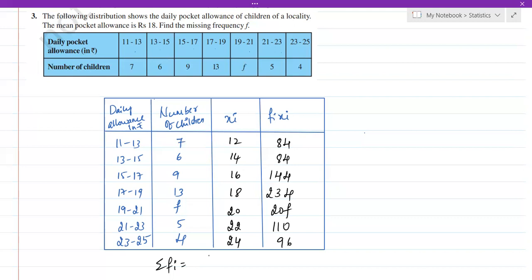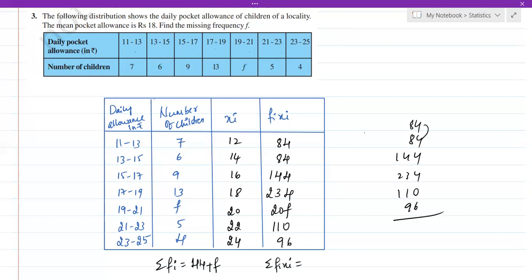Now let's find summation fi. If you add all the numbers, 7 plus 6 is 13, 13 plus 9 is 22, 22 plus 13 is 35, 35 plus 5 is 40, 40 plus 4 is 44, and plus f. Here summation fi xi will become the sum of all the things except 20f, because 20f is a variable. So add all other things: 84, 84, 144, 234, 110, 96.